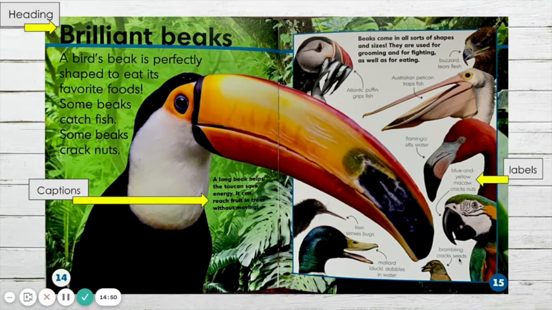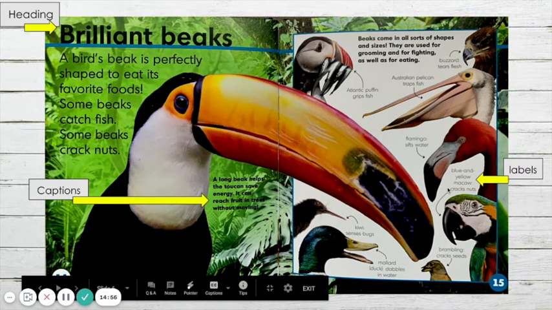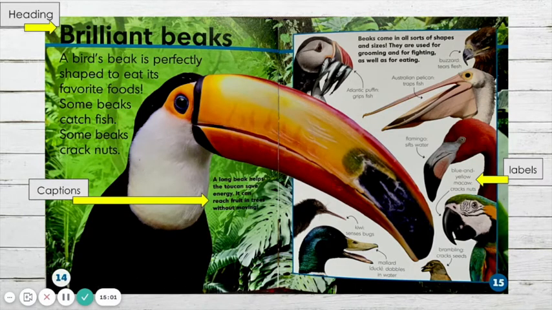Good job. And I'm wondering, why are beaks important to birds? Why do they need these beaks? Yes, the beaks help them do different things, such as eat. The beaks are really important to the birds.